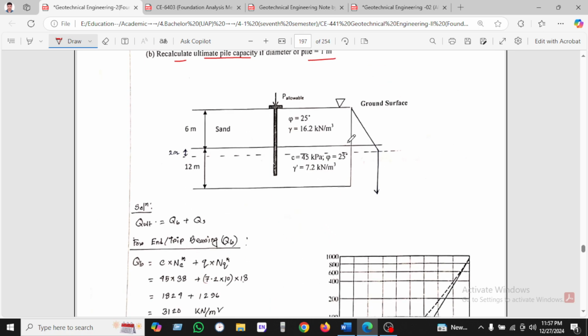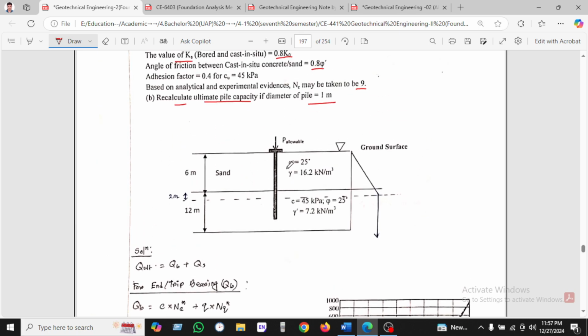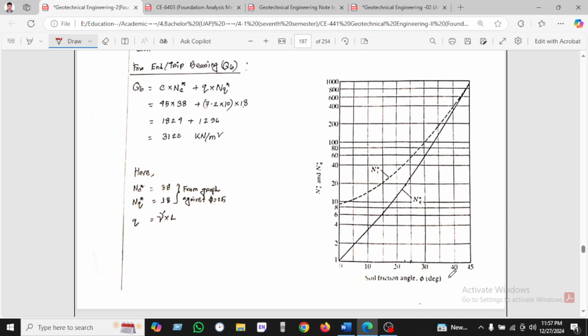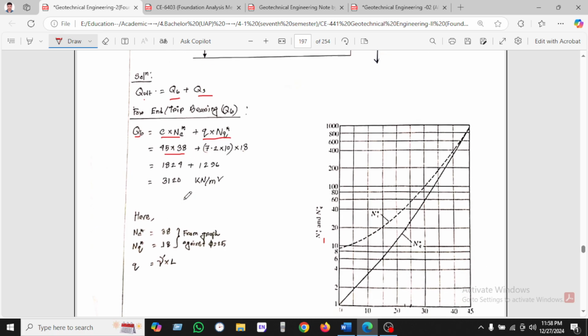So we can see here the graph. Here in the question is given phi, and this is the graph between angle and NC. Okay, so we know the ultimate will be end bearing and skin resistance. So in bearing, we know NC star and NQ star. So NC star is 38.